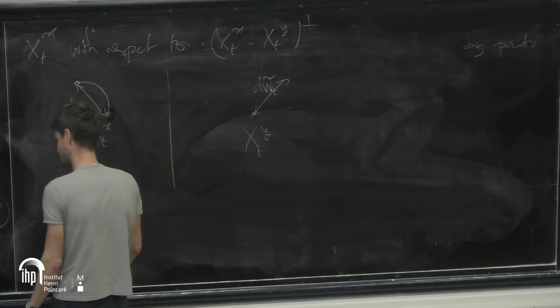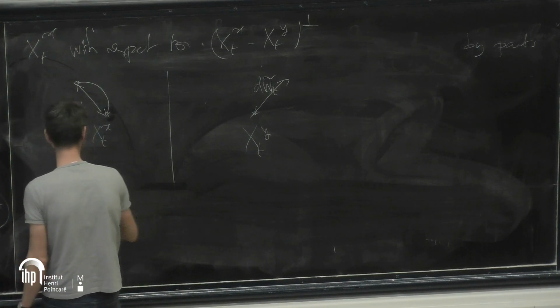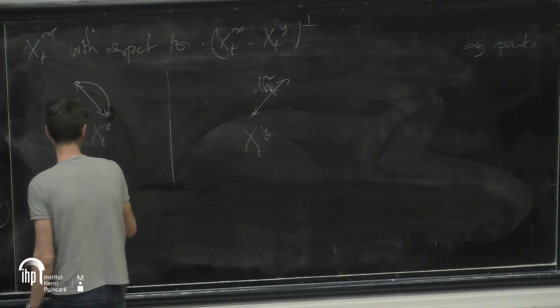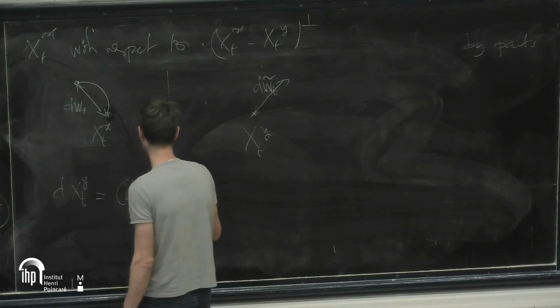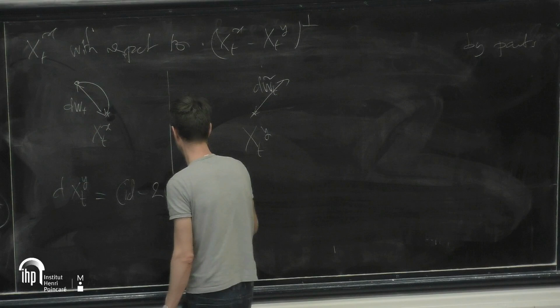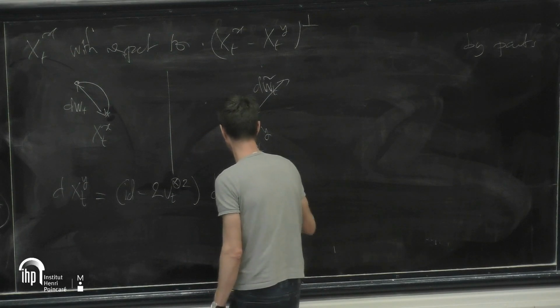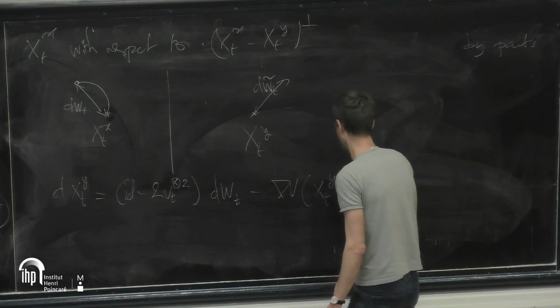So if you do it a bit more formally, but not too formally either, you see, so dXt^y formally is (identity minus 2 vt tensor vt) dWt minus grad V at Xt^y dt.